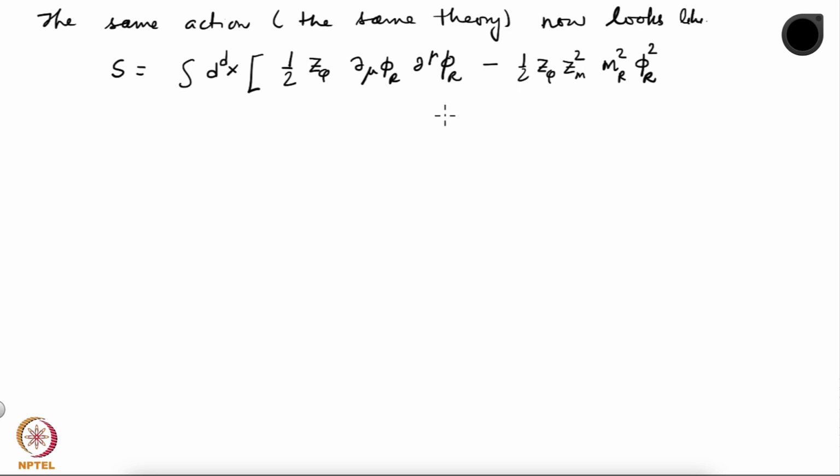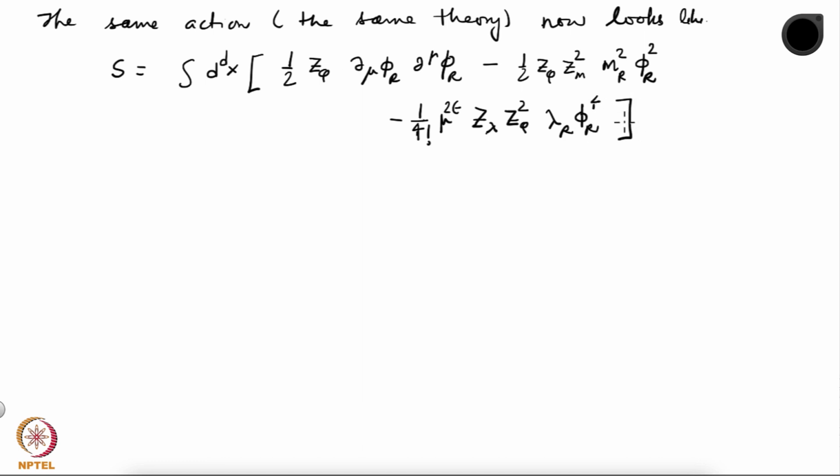Then you have minus 1 over 4 factorial, mu to the 2 epsilon, and you can check that you get z lambda times z phi square times lambda r times phi r to the 4.